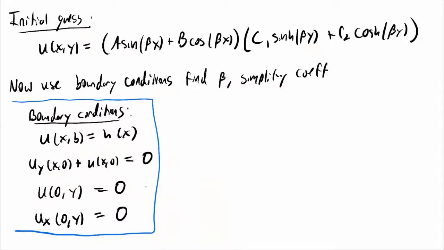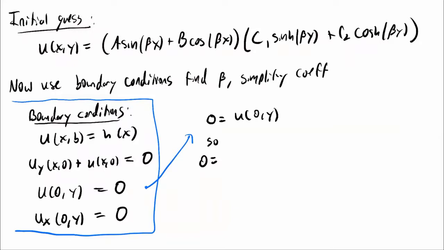If I use this condition, what does this tell us? We have 0 is equal to u of 0 comma y. Well, what happens if I plug in x equals 0 into this above equation? Let me plug in x equals 0 here.